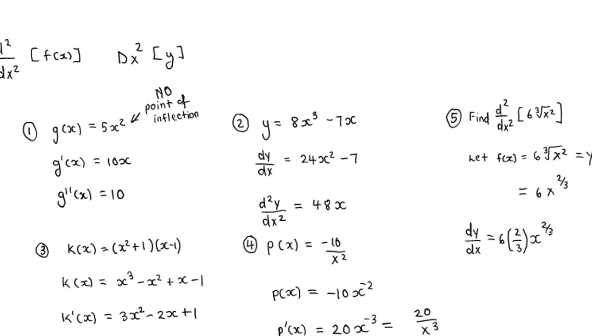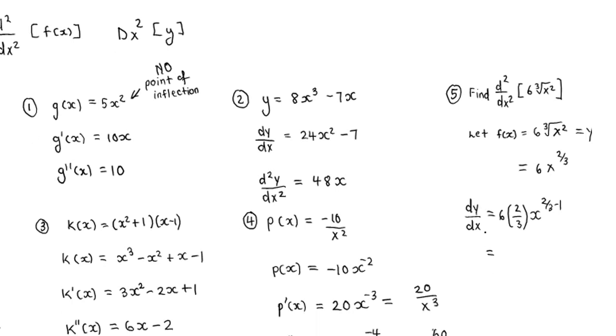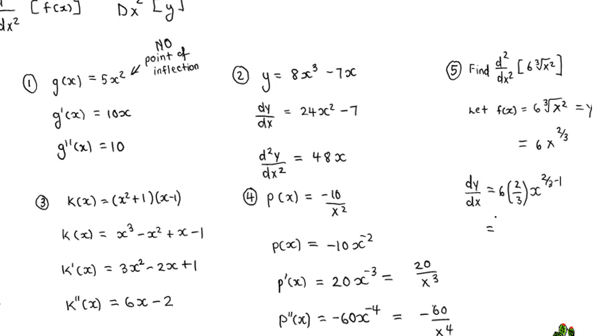So dy by dx is going to be 4 times x to the exponent minus 1/3. Now we're going to leave it like that and go into d squared y by dx squared.